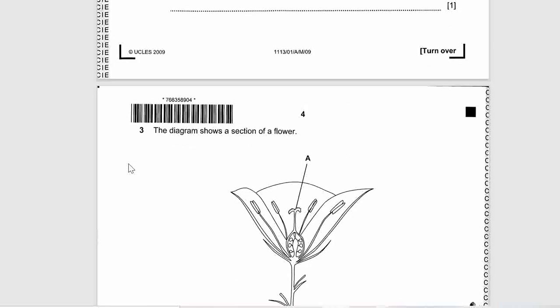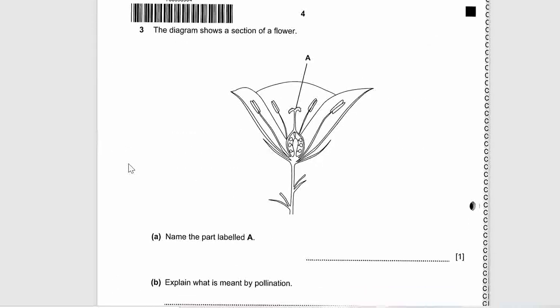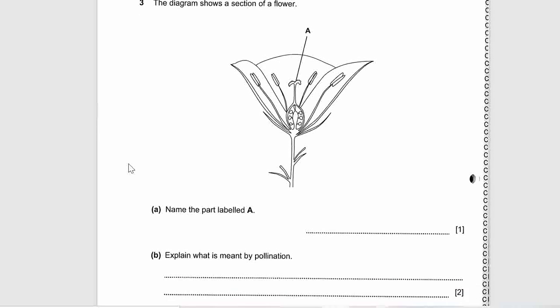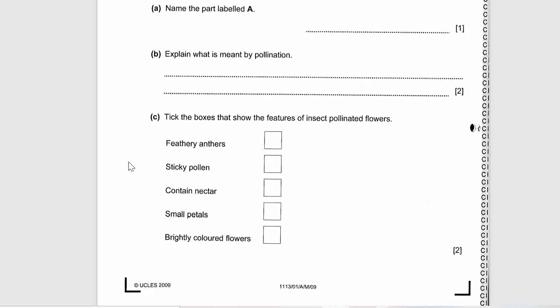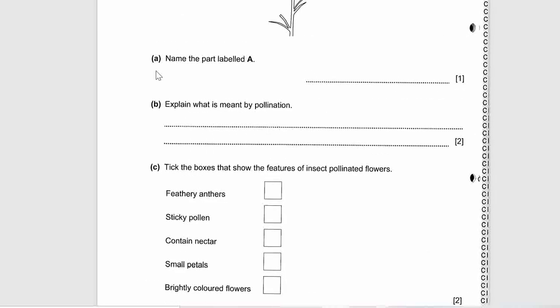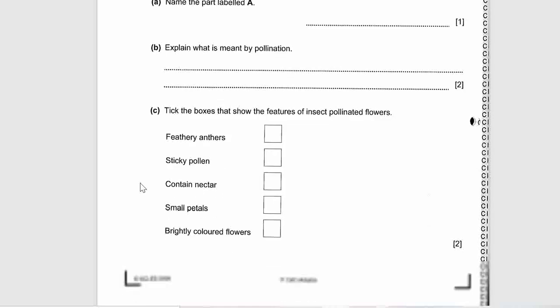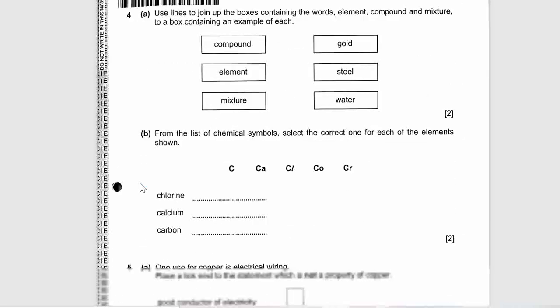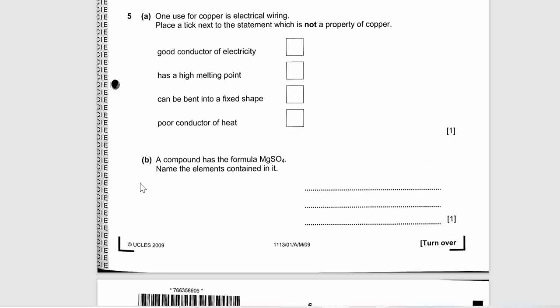Next is question 3a and 3b. Next is question 3c. Here you take the screenshot. Next is question 4a and 4b. Now let's move to question 5a and b.